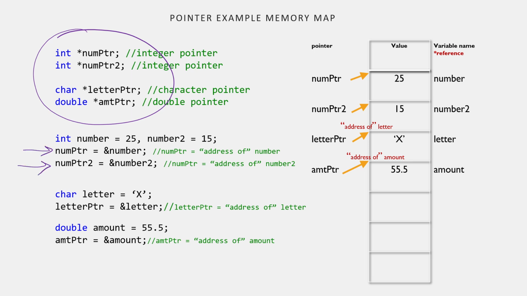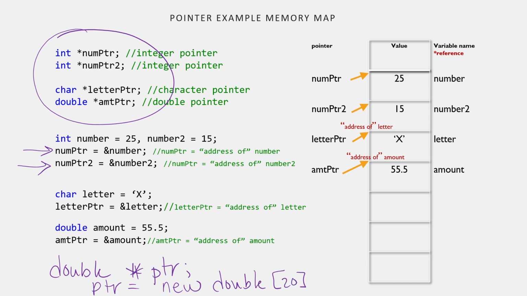You could also say double *ptr, and ptr equals new double of size 20.